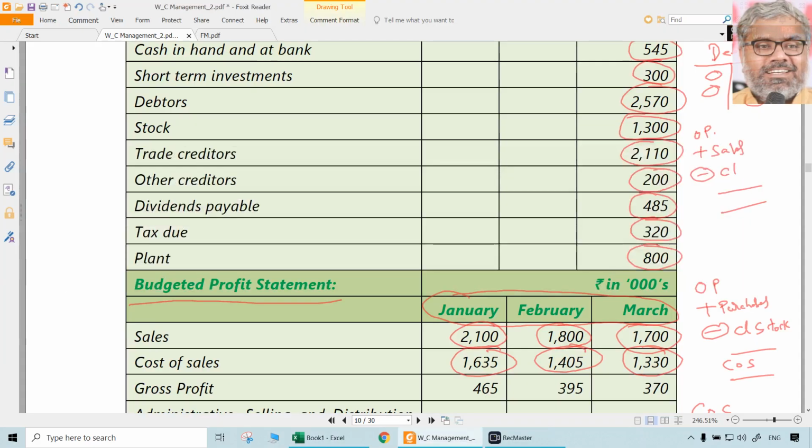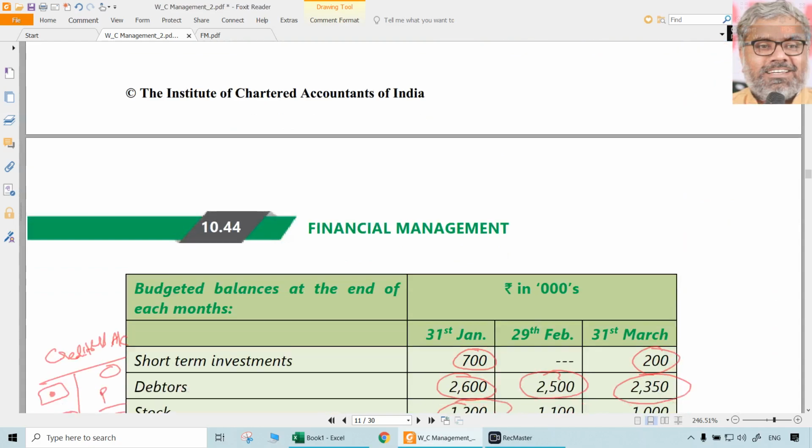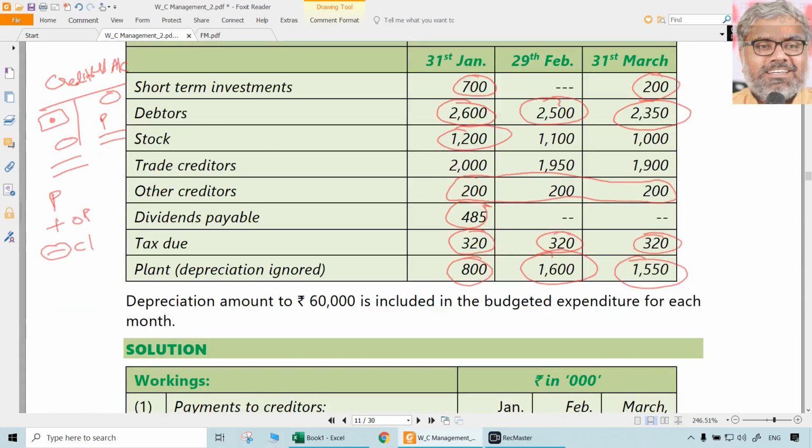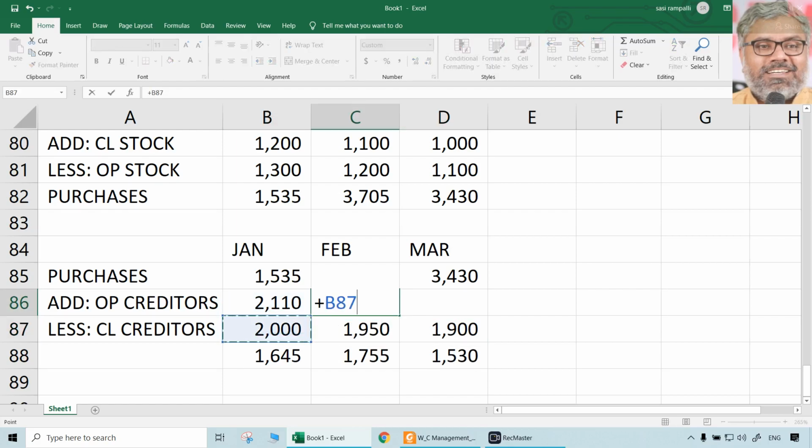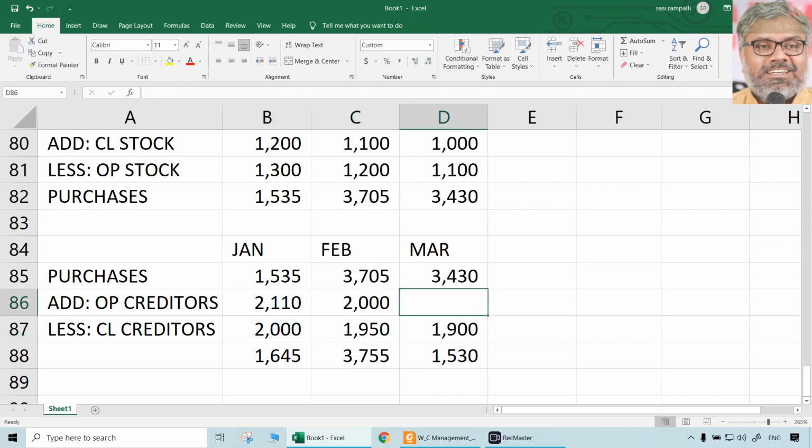Then closing creditors at the end of each month is given here: 2000, 1950, 1900. So closing creditors, 2000, 1950, 1900. But closing creditors of January will become opening creditors of February. Closing creditors of February will become opening creditors of March.